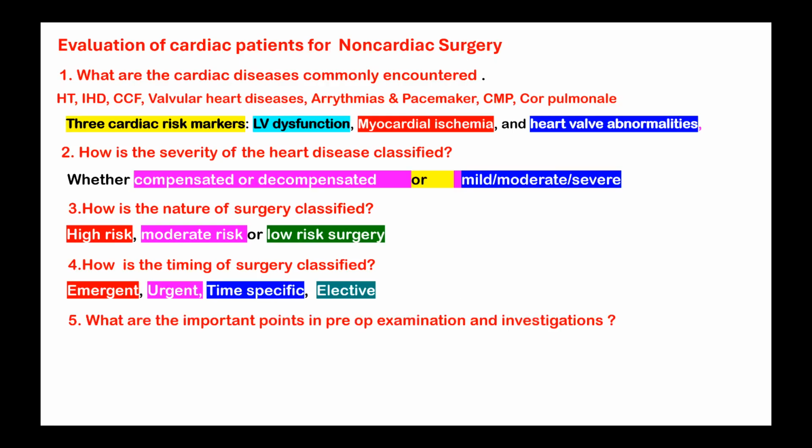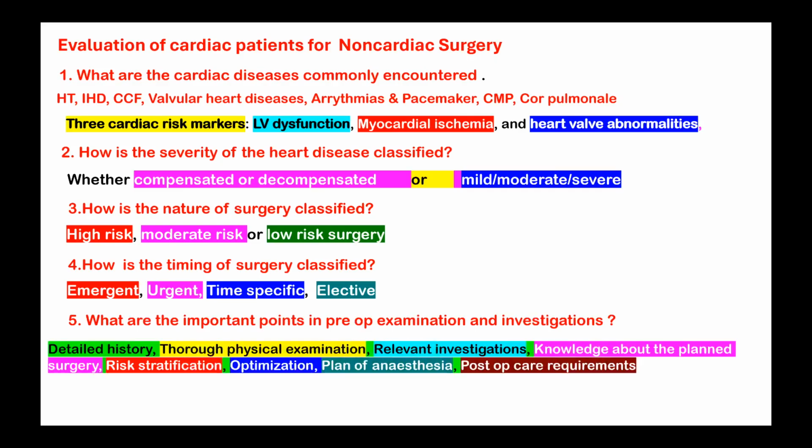And what are the important points in pre-op examination and investigations you have to keep? First thing is you must take a detailed history, how long the disease process has been going on, and do a thorough physical examination from head to foot, including the cardiac, respiratory, renal, and even in patients with right heart failure, you may have a hepatomegaly, raised JVP, and all these things.